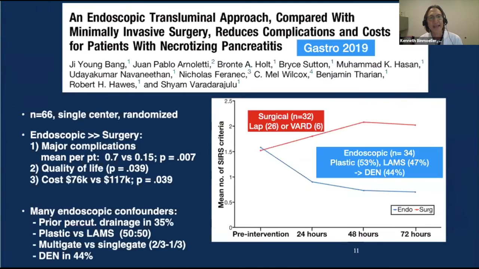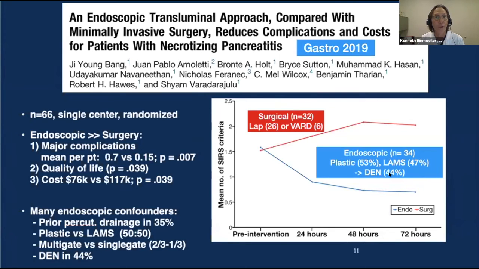But if there's any doubt about surgery versus endoscopy, you can also quote this study from the Florida group from last year. They did a randomized trial comparing a minimally invasive surgical approach, so that was laparoscopic or VARD, compared with endoscopic drainage. Now, not endoscopic necrosectomy necessarily, because not all patients underwent necrosectomy.